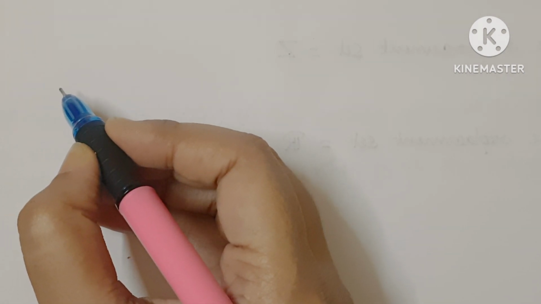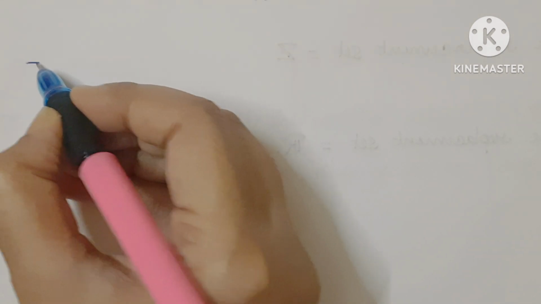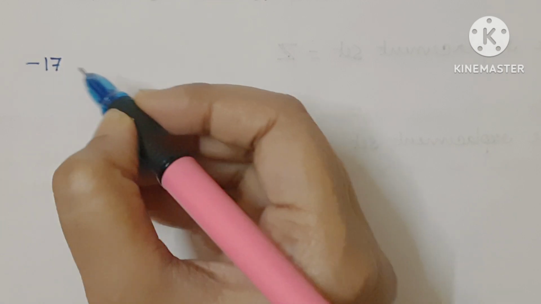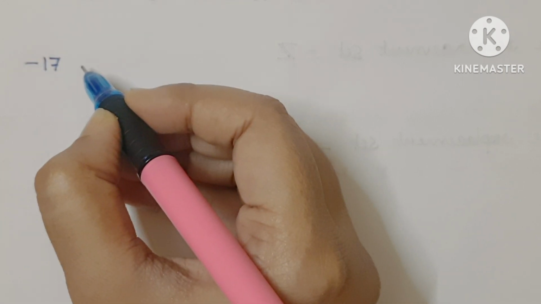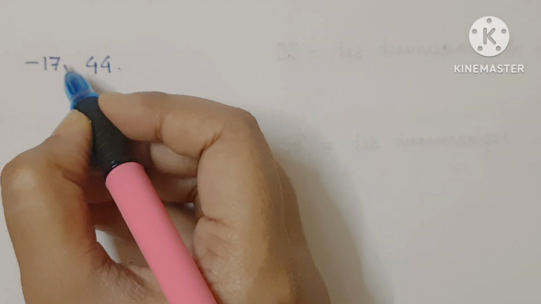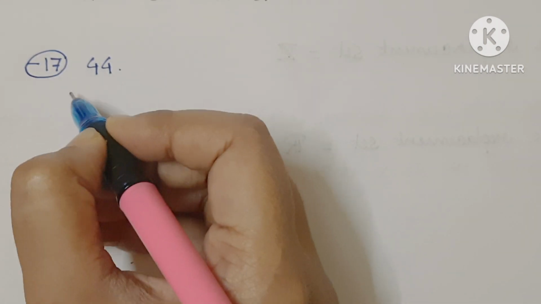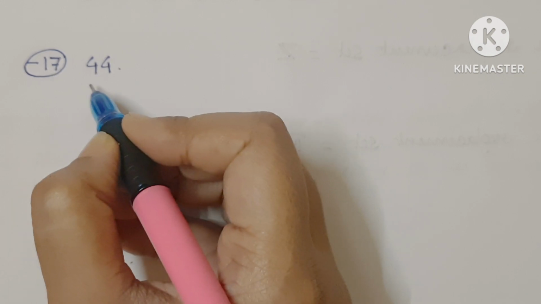Okay, so let's take two numbers. One is minus 17 and another one is 44. Now we all know that minus 17 is less than 44. So how will you write it?